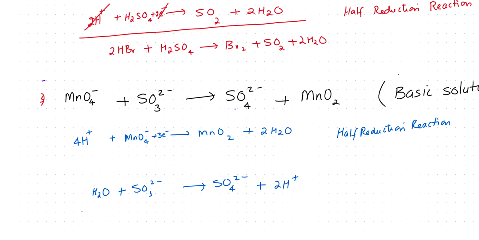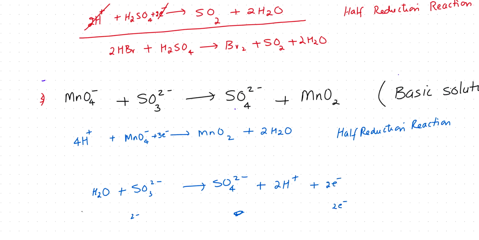So on the left side we have 2 negative charges, and on the right side we have 2 negative here and 2 positive here. So 2 negative, 2 positive will make 0 charge. Now the left side has 2 negative charges. To balance, we write 2 negative here, 2 electrons added. So now we have 2 negative charges on the left side and 2 negative charges on the right side.